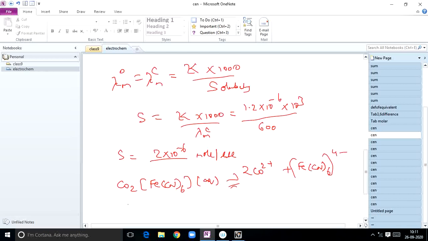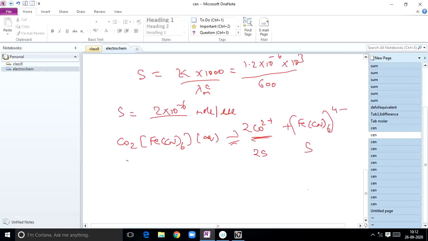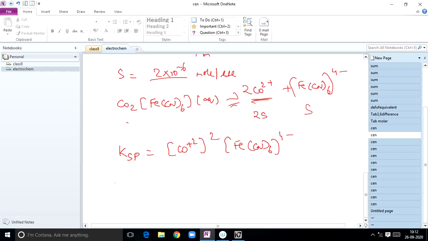To calculate with solubility s, there are 2 moles of Co2+, so 2s, and 1 mole of Fe(CN)6 4-, so s. The solubility product Ksp is equal to the concentration of Co2+ whole power 2 into the concentration of Fe(CN)6 4-, the product of the molar concentrations of the ions, each raised to its power.